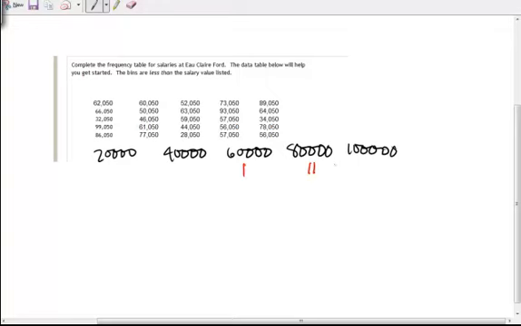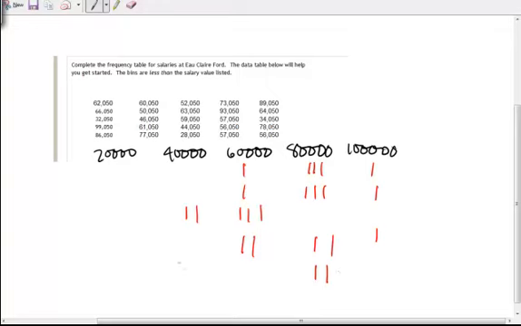First row, second row, third row, fourth row, and then the last row.